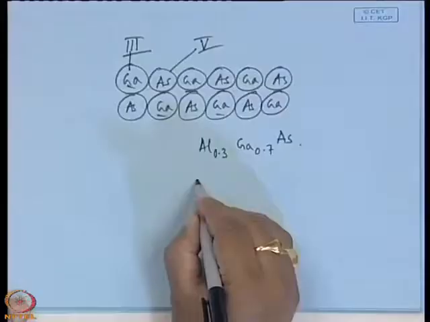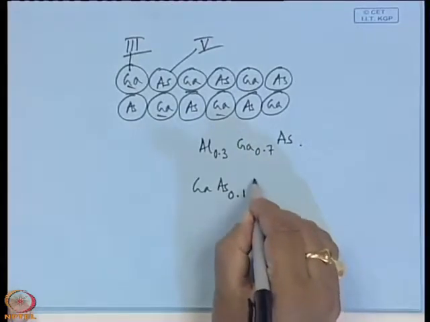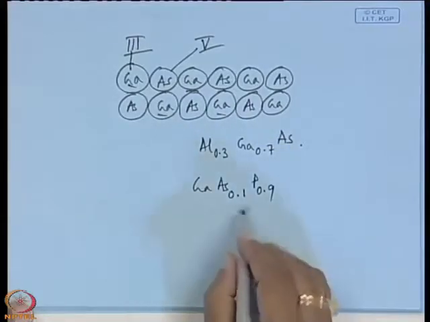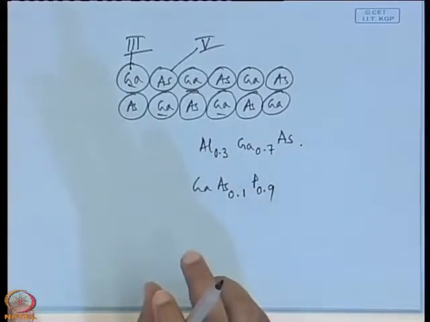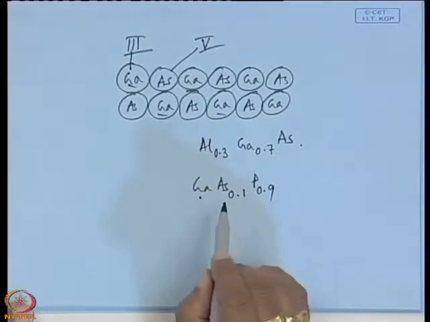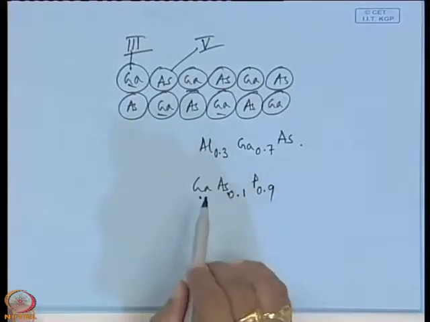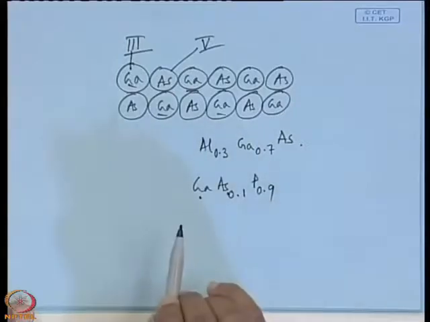So, that is the concept. Similarly, say gallium arsenide 0.1, phosphorus 0.9. It means all the 100% positions of group 3 sublattice will be occupied by gallium. 10% of the group 5 sublattice will be occupied by arsenic and the remaining 90% of the sublattice will be occupied by phosphorus. So, that is the thing.